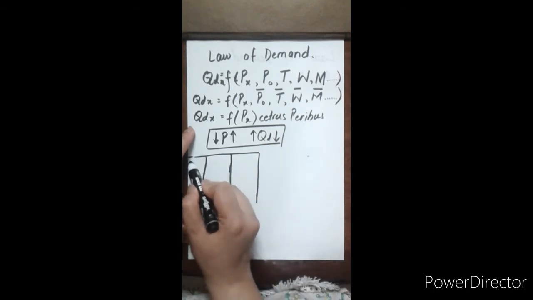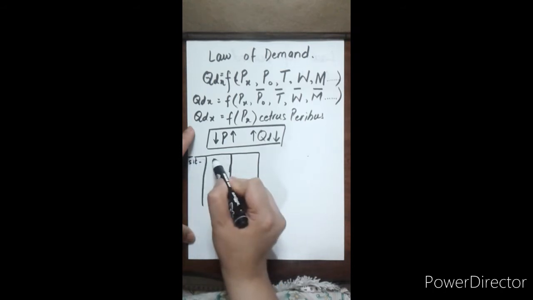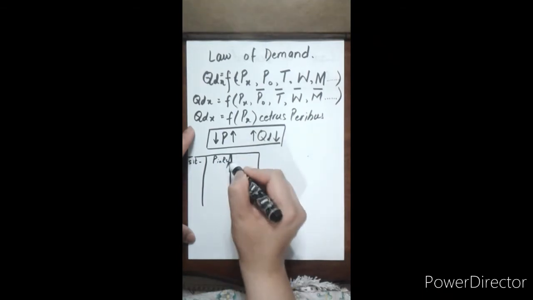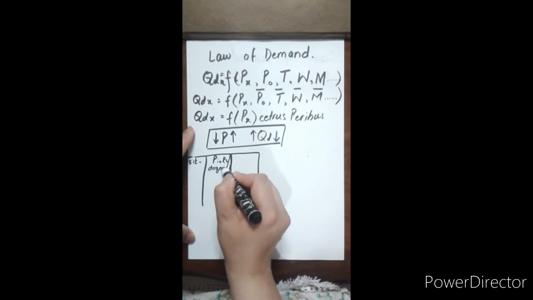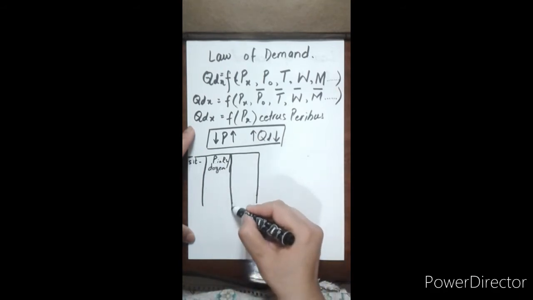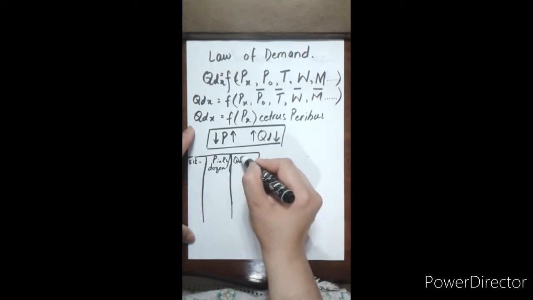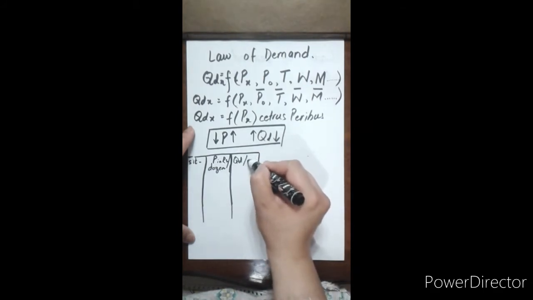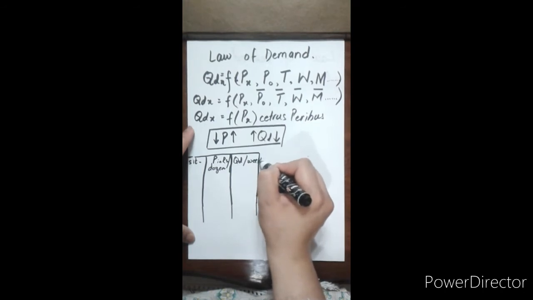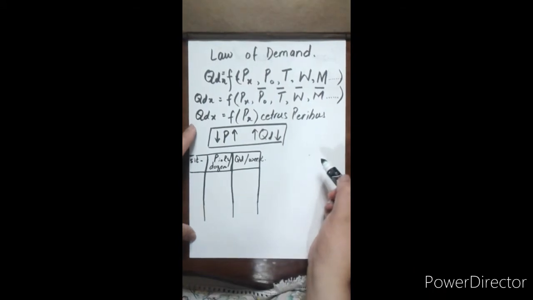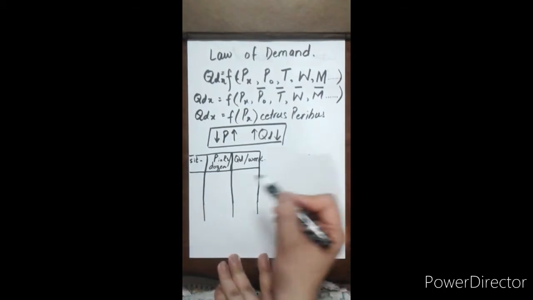Okay, let me have my different situations here, and over here I will write the price in rupees, let's say per dozen, as I am taking eggs in my example. And over here I will write quantity demanded per week. It can be day, it can be month, whatever you find easy or suitable.